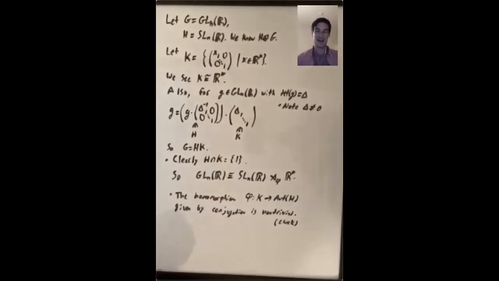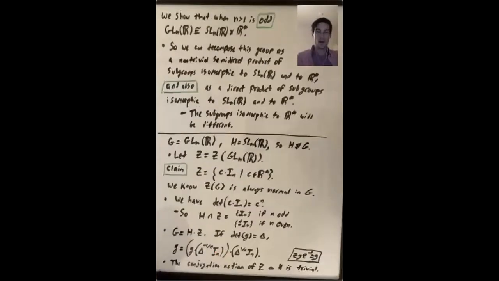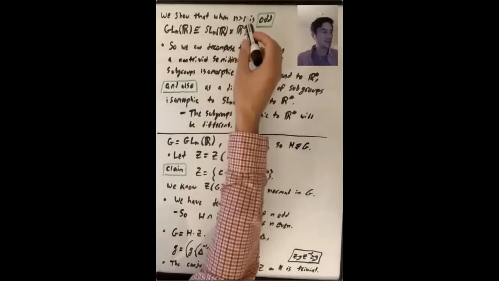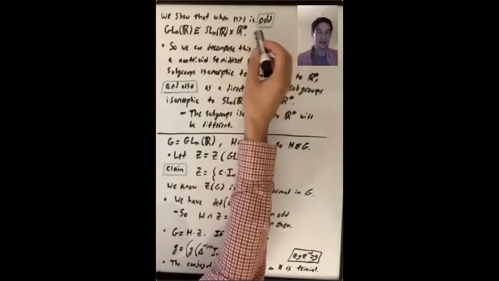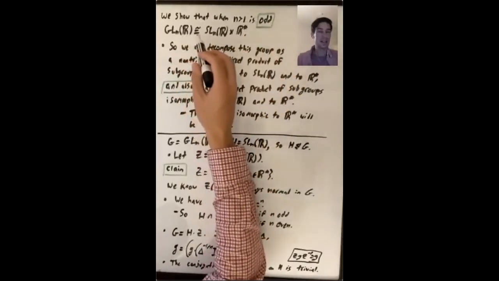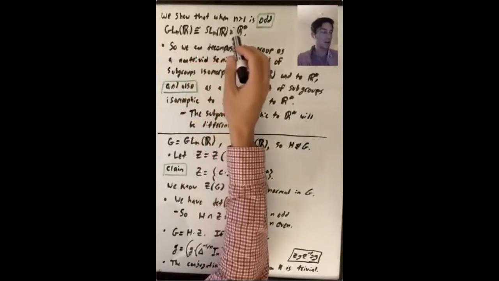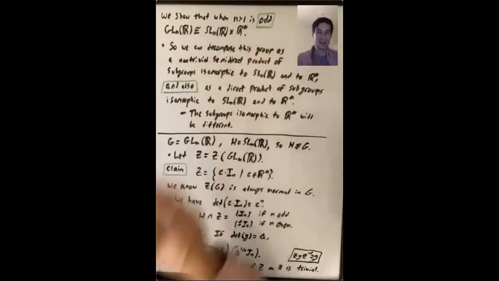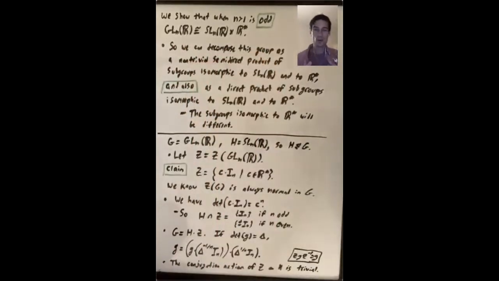GL_n(R) as a product of two of its subgroups. We'll now show that when n is greater than 1 and is odd, GL_n(R) is isomorphic to SL_n(R) direct product R star. So what is the point here?